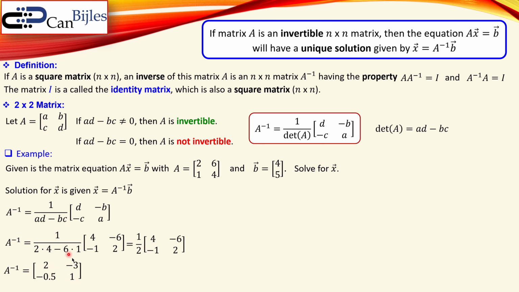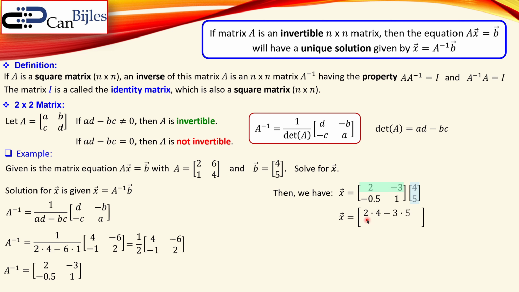Now I need to multiply this by this vector. So the vector X will be the inverse of this matrix times the vector B. So how does it work? Now we have here 2 and minus 3. That will be multiplied by this column, so this is the vector, so that will actually go like so. So this row of this matrix will be multiplied by this vector. That goes in this form: 2 times 4 plus minus 3 times 5.